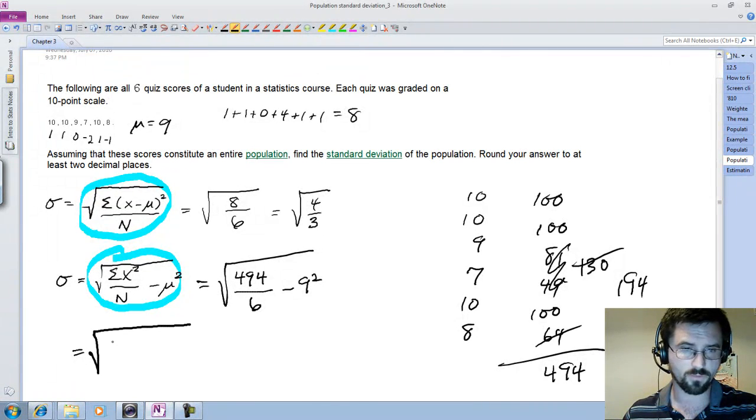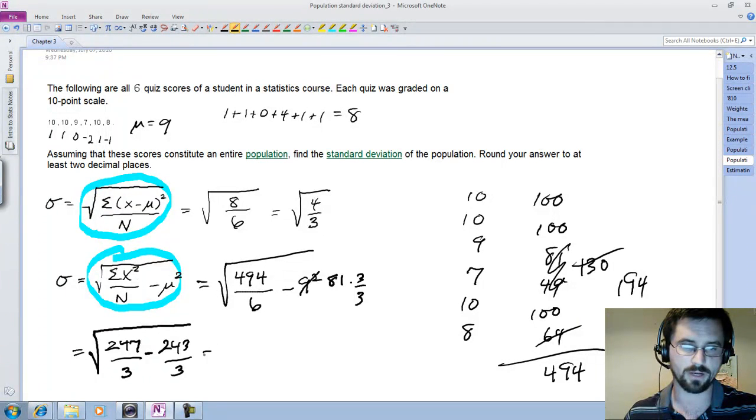Well, 494 divided by 6 is the same as 247 over 3, correct? If I divide the top and bottom by 2. Now this is 81, so if I want to convert 81 into thirds, I multiply by 3 over 3, so I get 243 over 3.